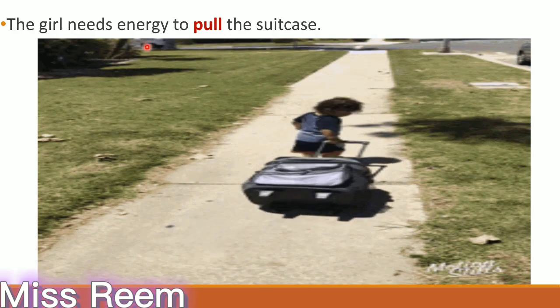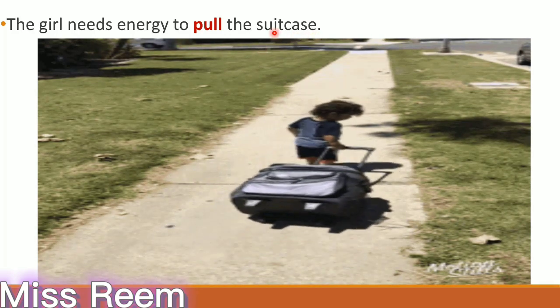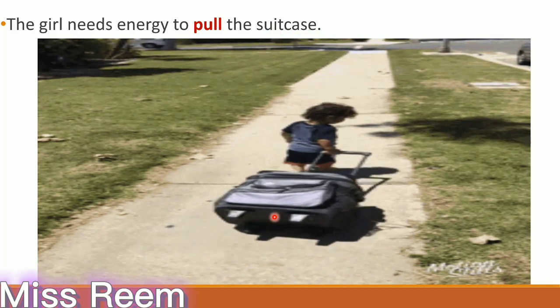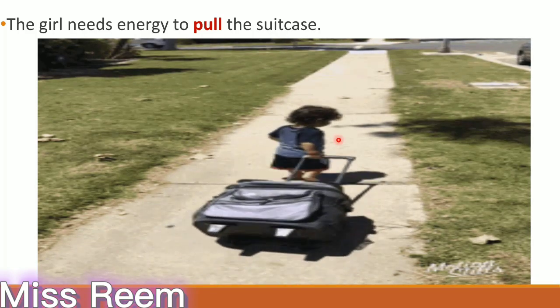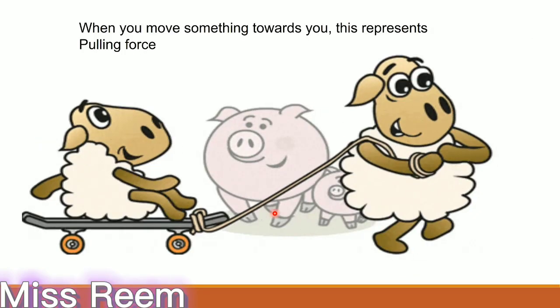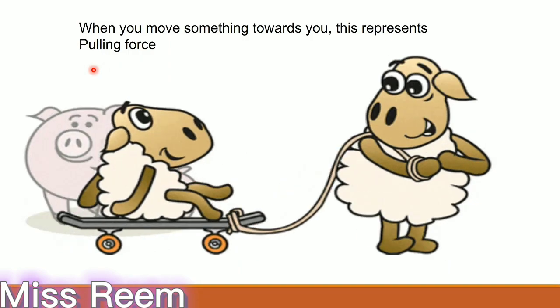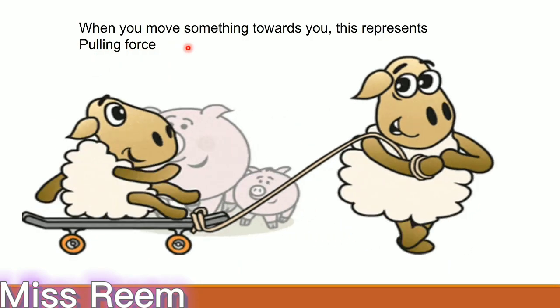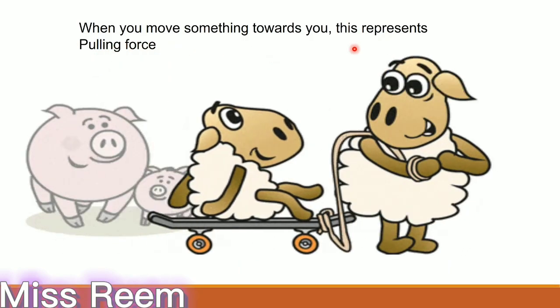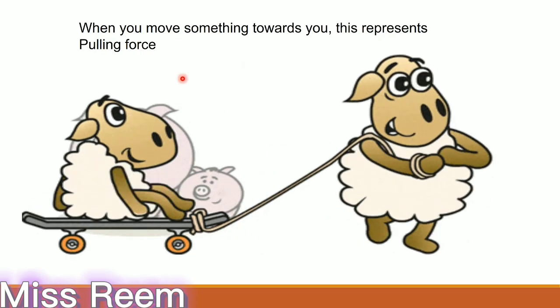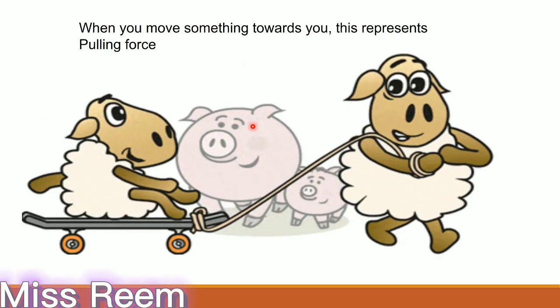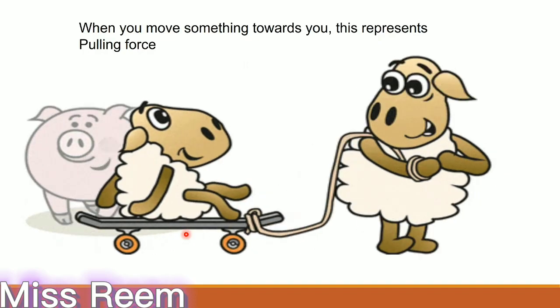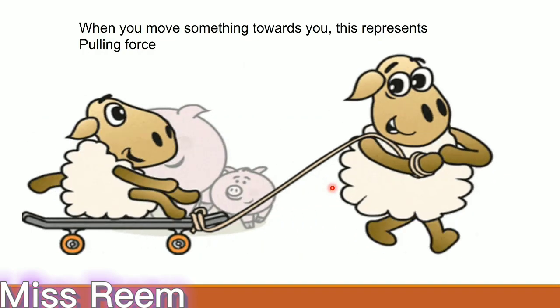The girl needs energy to pull the suitcase. She's pulling the suitcase as she walks. Now we understand that when you move something towards you, this represents a pulling force. The little sheep is pulling his friend towards him.